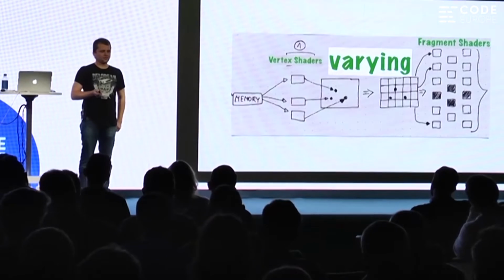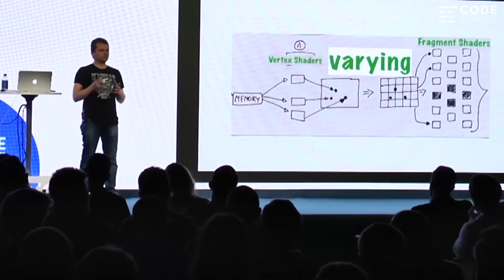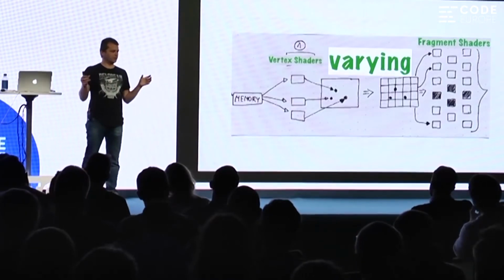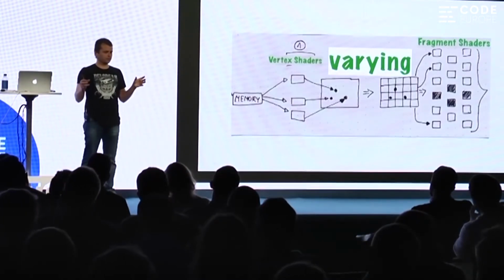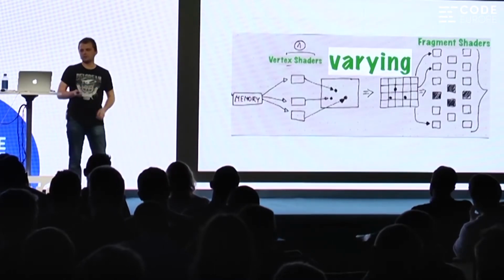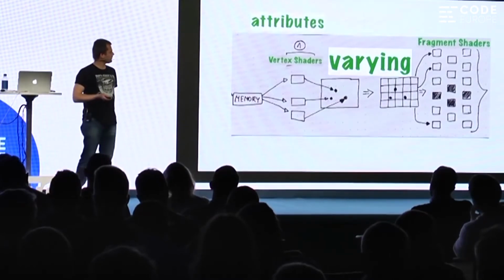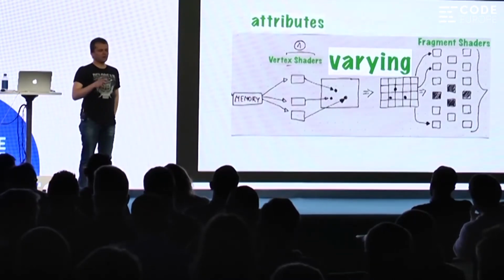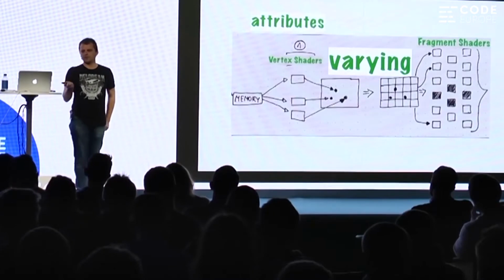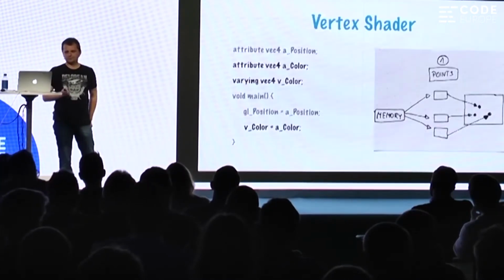And it's called varying. So this is basically why we had to link the program and link the shaders together, because they have to work together for passing values in between. And attributes are a way to pass data to the vertex shader, just a reminder.